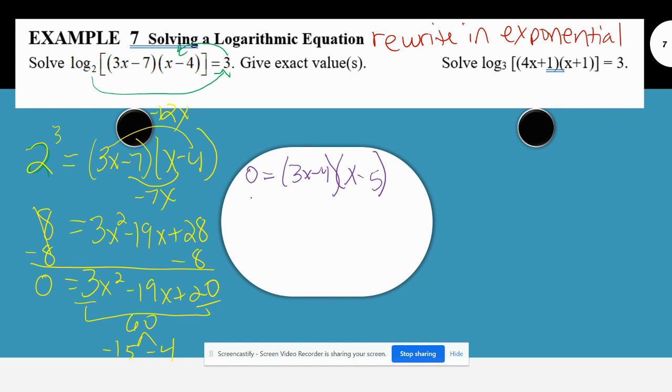Because it's equal to 0, we set each part equal to 0. Solve for x. X here is 4/3. X here is positive 5.